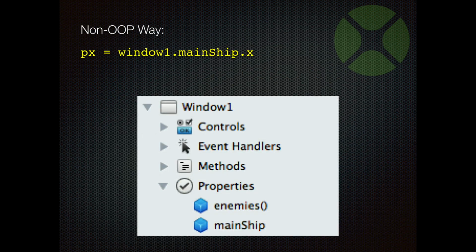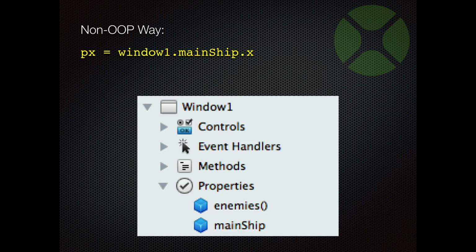If we actually look at the code, this is the structure of the original Invaders game, right? So everything's on a window called Window 1, brilliant name, and all the ships and properties are just properties of that window, right?